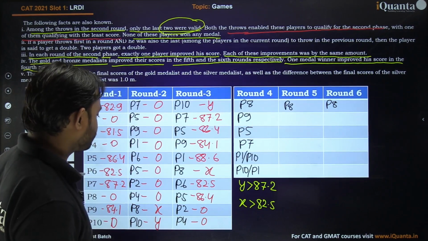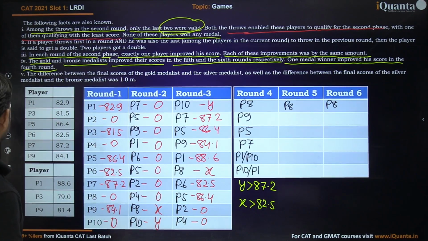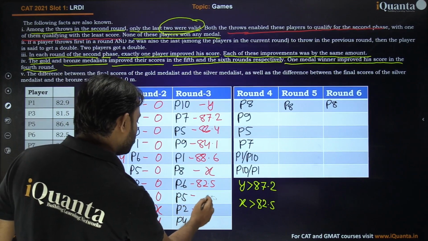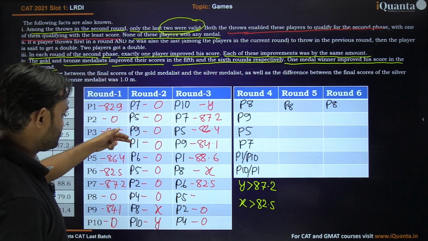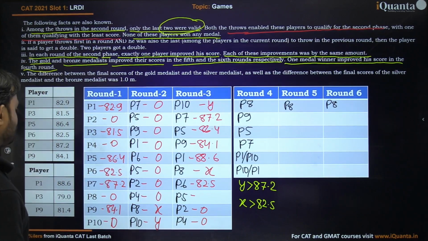Okay, I have written P5 twice here, so I must have left something. So P5 86.4, and P7, P9, P1, P5 I have repeated here, which is wrong.